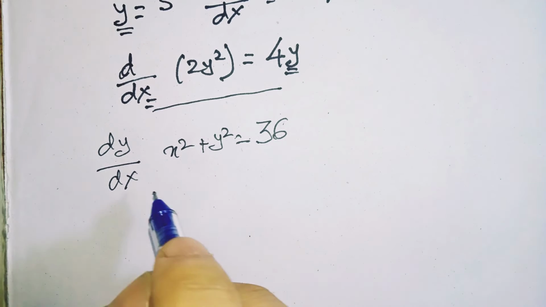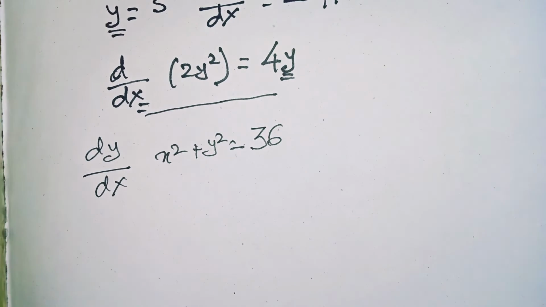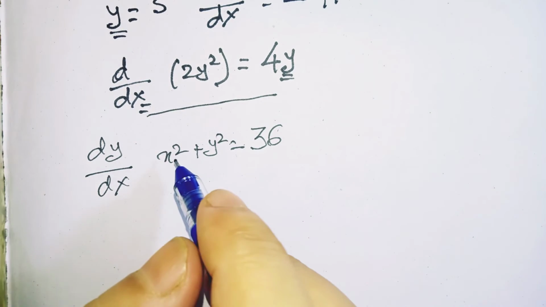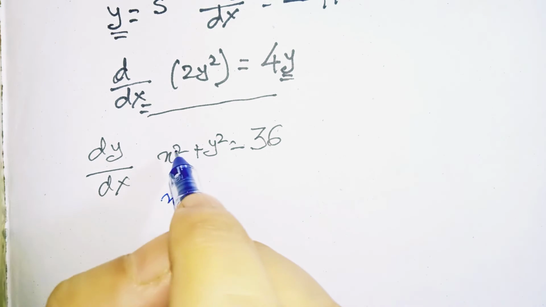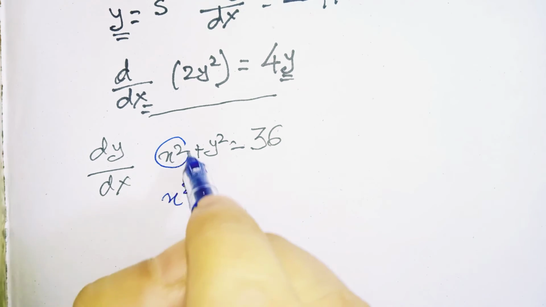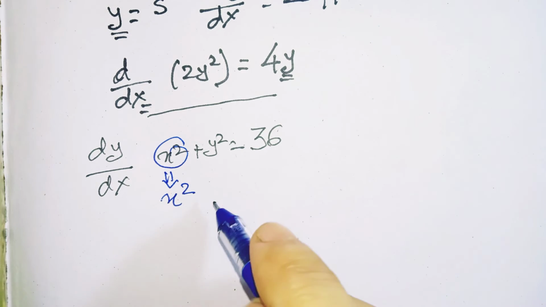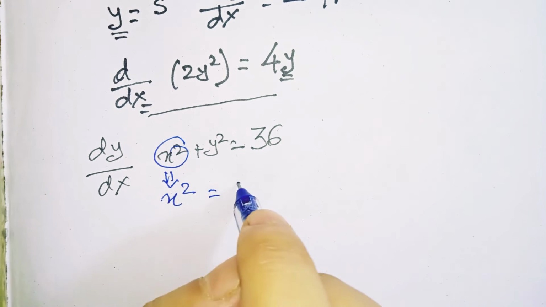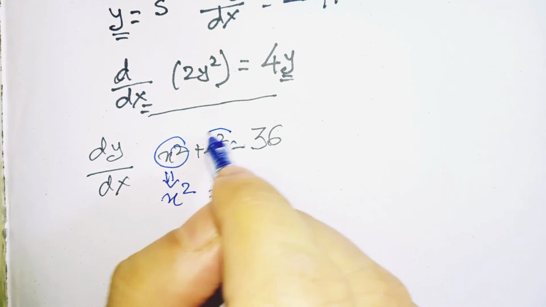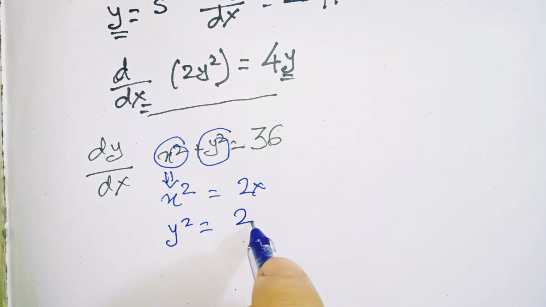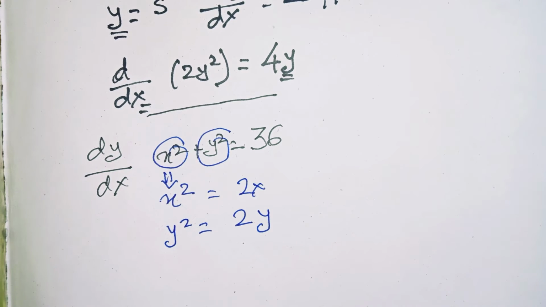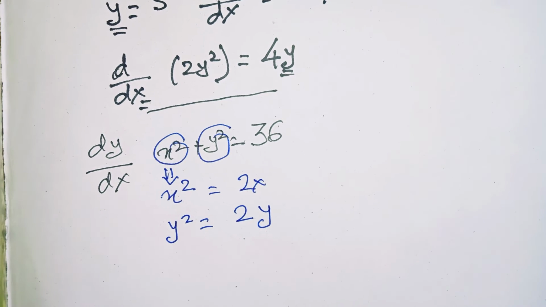So first of all, step number one, what we need to do is find the derivative of x squared. What is the derivative of x squared? It is 2x. Then I take this term, y squared, which gives 2y. Now there is a y term, so we need to multiply dy by dx to this.